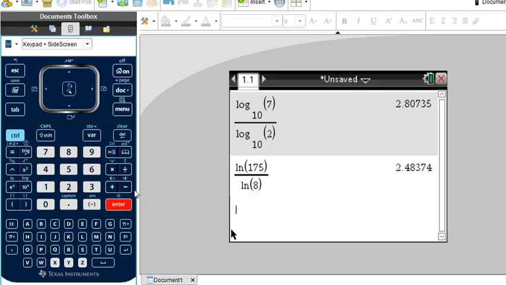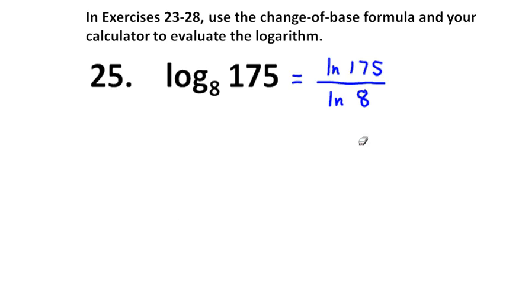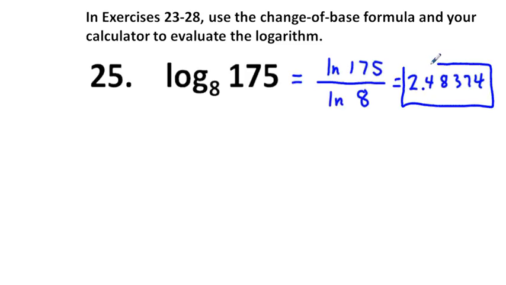For that, we get the value 2.48374. Now these are irrational numbers that go on to infinity, but we'll box this in as our correct answer.